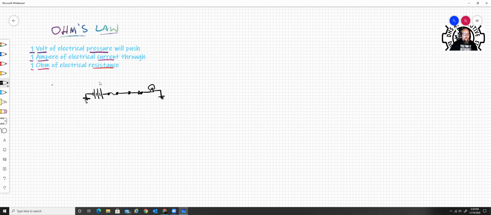So we have 5 parts to a circuit. First, we have conductor. No conductor, no circuit. That's our wire. Anywhere you see a straight black line in here, you have your conductor. 2, your power source. 3, a method of protection.